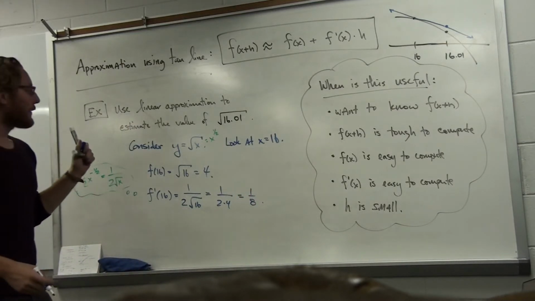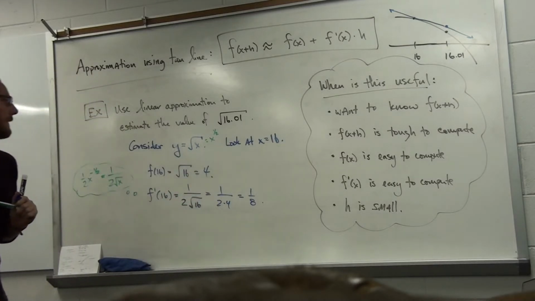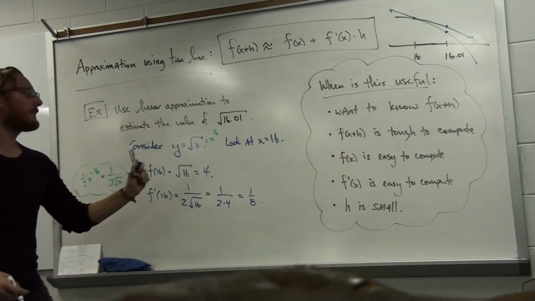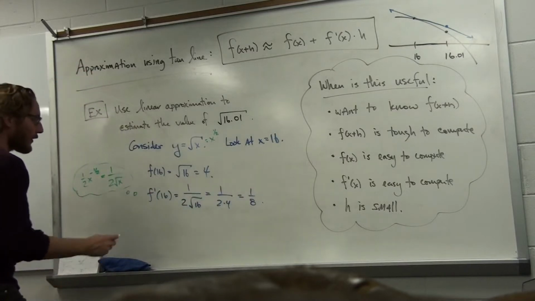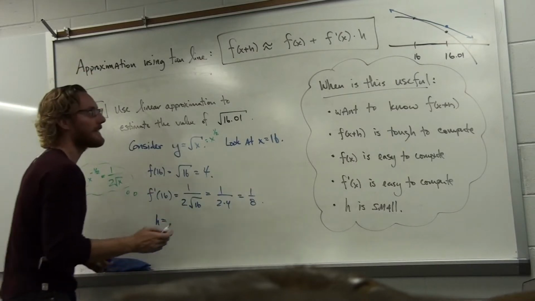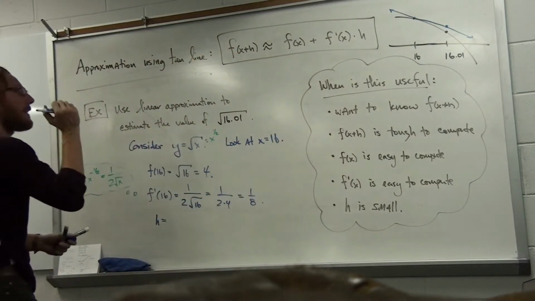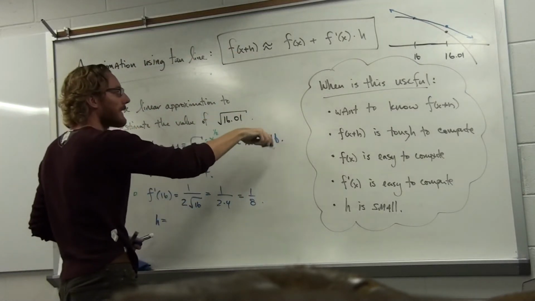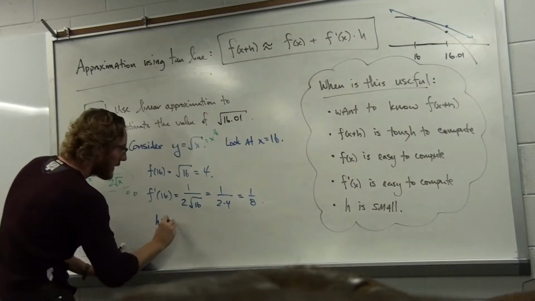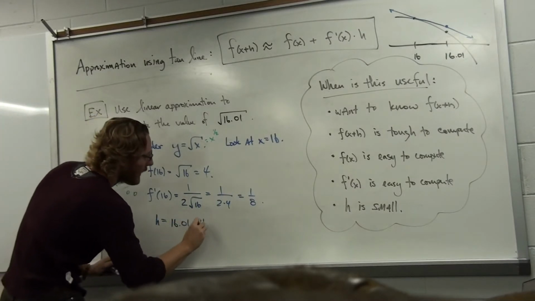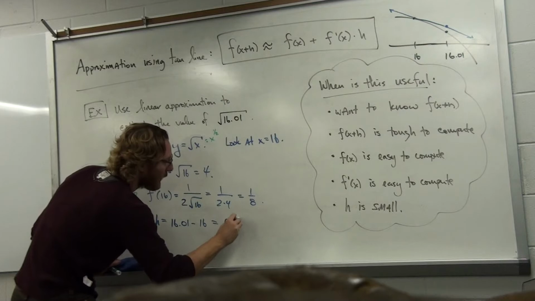Okay, so we've got our original function at 16 and our derivative at 16. Let us also find our h. Our h is the difference along our x-axis, the difference between the value that we're looking to plug in and the value that we can easily plug in. So this is 16.01 minus 16, which is 0.01.